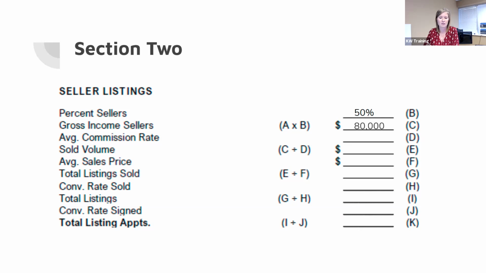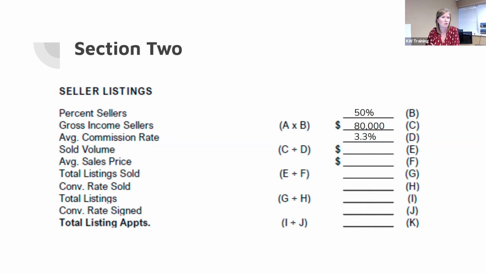So you take that 50% times A, whatever your gross income was on that last page. If my gross income was still 160,000 there, then your gross income from sellers needs to be 80,000, because I'm taking that 50% times my gross income. Now factor in your average commission.